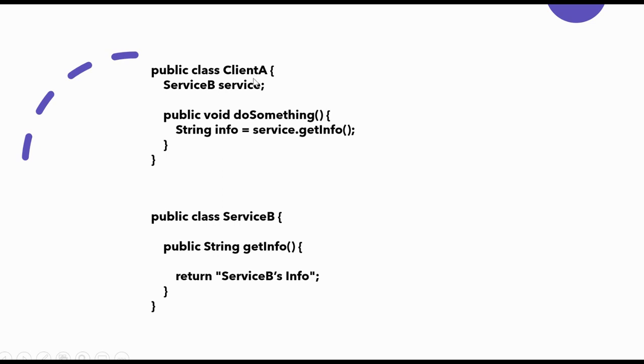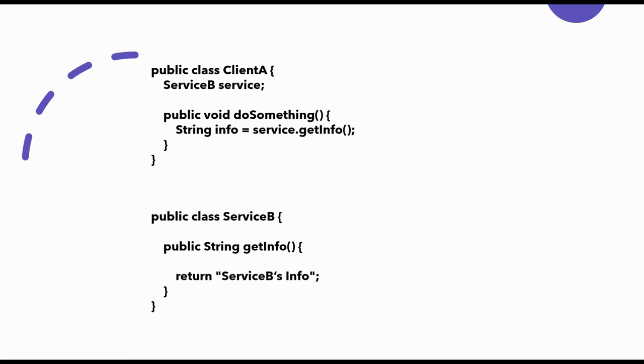Dependency, or dependent, means relying on something for support. Like if I say we are relying too much on mobile phones, it means we are dependent on them. So here Client A is dependent on the Service B class for calling the getInfo method.